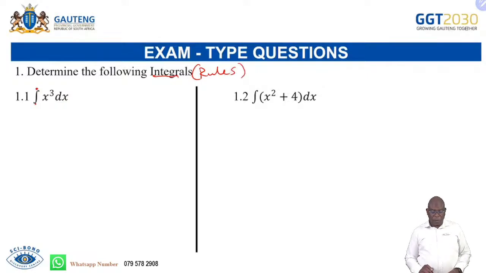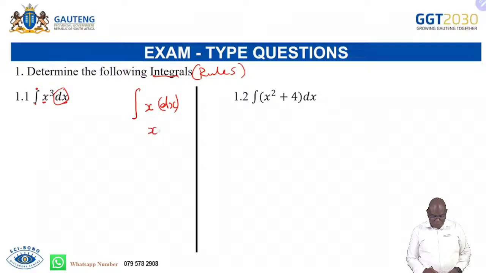If I've got the integral of x, for instance, remember, this x must be the same as there. This is the one that I'm integrating. The dx shows me which letter I am integrating. So I'm integrating x.